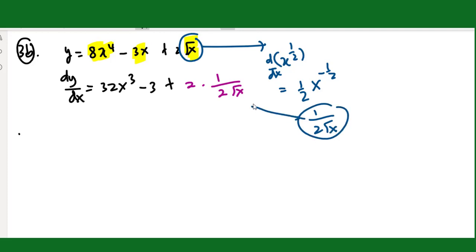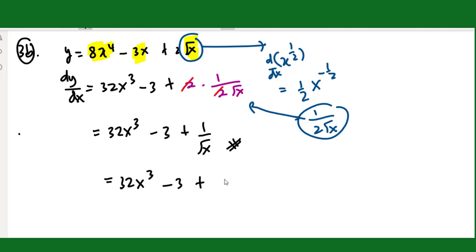Try to simplify. It is equal to 32x cubed, and this one can be cancelled. Then the answer is minus 3 plus 1 over third x. You may leave the answer at this step, or bring 1 up here, negative half. So that settles 3b.